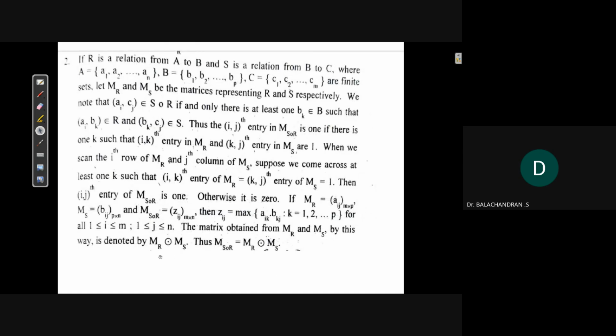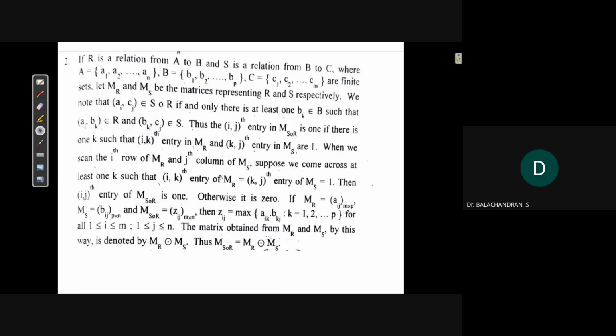Okay. Next, yes, here you can see. This is actually the last step. This is the Venkatraman notation. So S composition R: in S composition R, he is applying R first. That's why he is writing MR here, and then composition MS. But in the Virarajan book, MS composition R is written as: first he writes MS and then composition MR. So that is the difference.